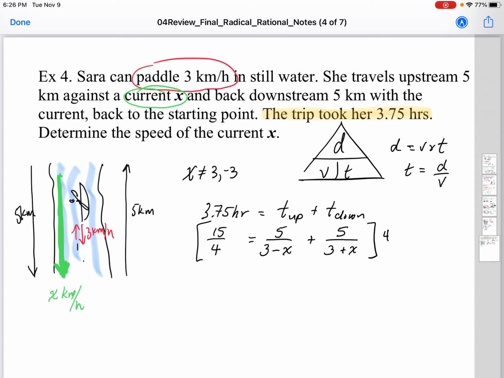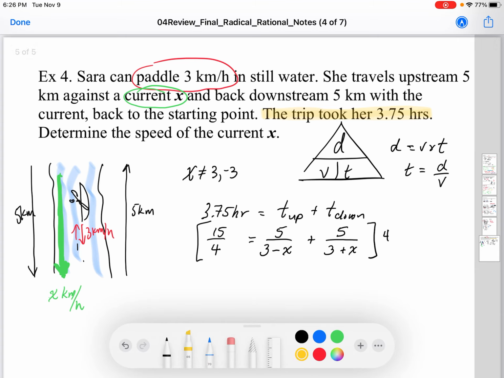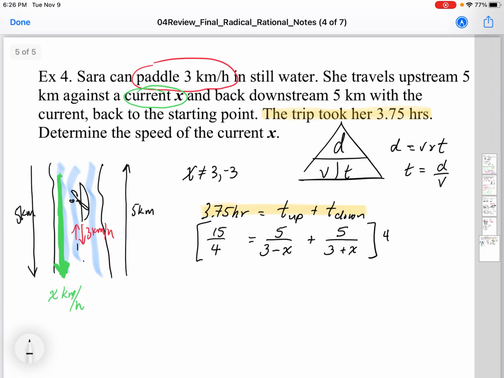Okay, so I'm just going to make sure I highlight a couple things here so we see which things are related. This equation here came from that 3.75 hours. So I'm going to now get rid of the denominators by multiplying through by 4, 3 minus x, 3 plus x. Multiplying through by that, I get 15 times 3 minus x times 3 plus x. I'll do a couple extra steps here.